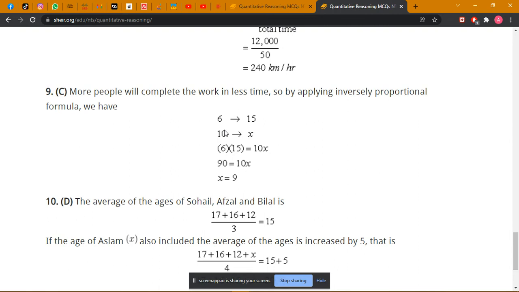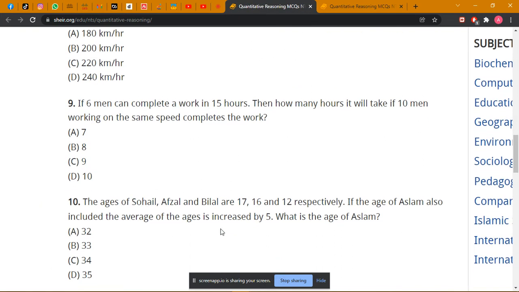Here you can easily calculate the value of x, which is 9. So 9 hours will be taken if 10 men work at the same speed as 6 men working 15 hours. So the option is Charlie, x is equal to 9. So move on to the last MCQ here.